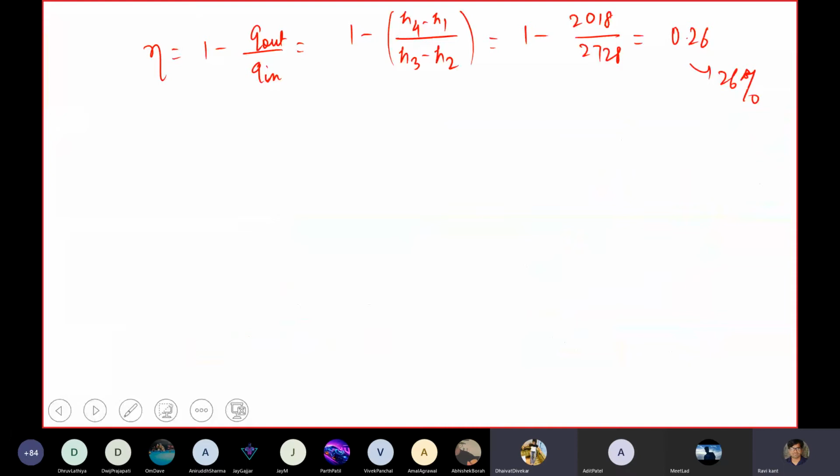So can we calculate from there? If you calculate from that formula also, again you will get 0.26. Do the calculation, you will get it. So the point I want to make here is the back work ratio.